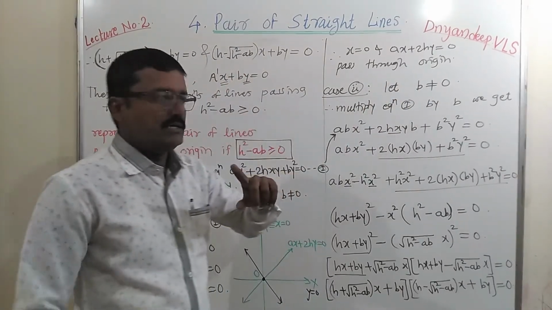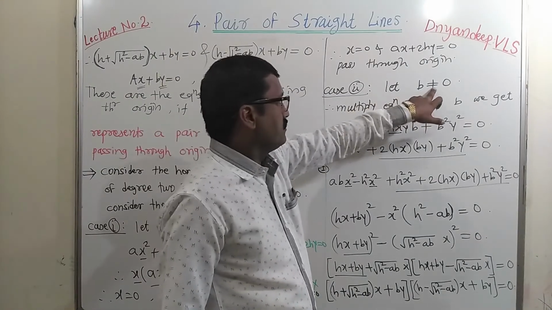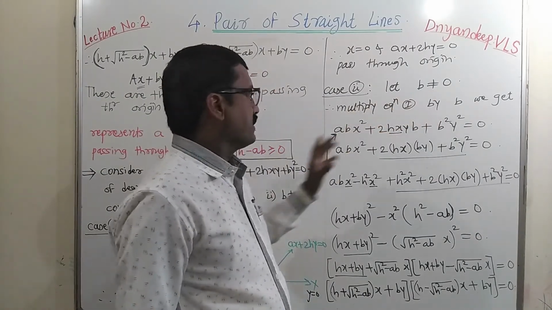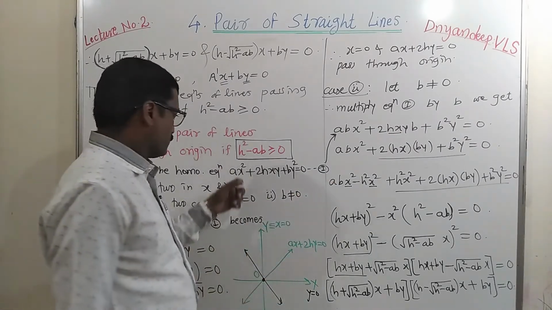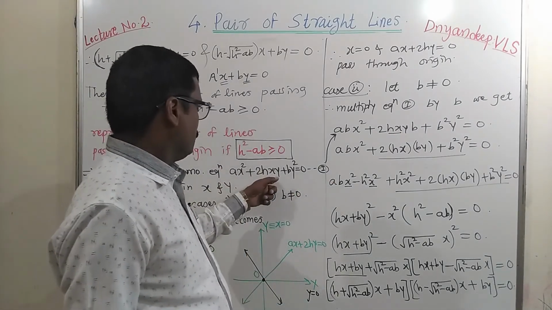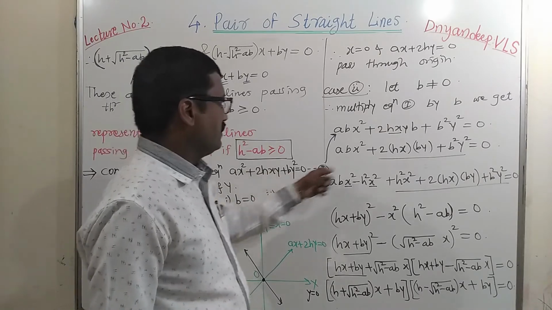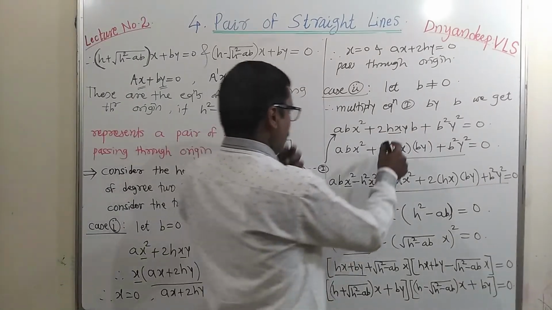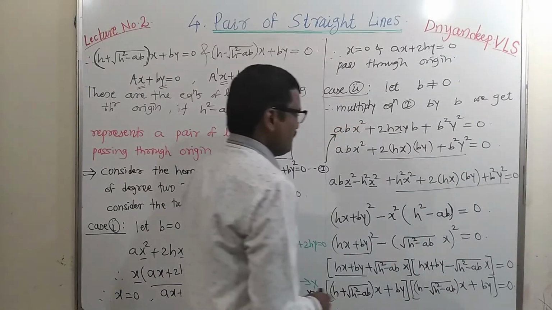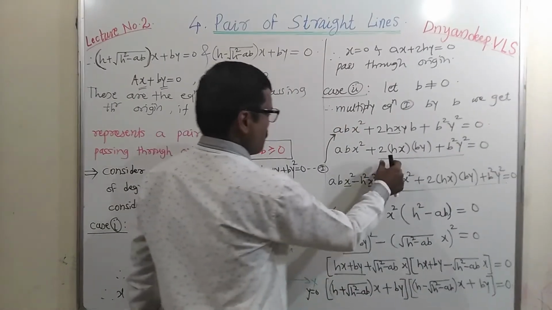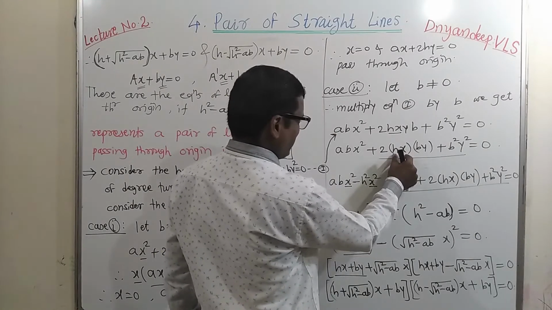So what to remember here? As b is not equal to 0, we can multiply equation 1 by b, each term by b. So ab x square plus 2hxy b plus b square y square equal to 0. Now write this middle term so that by is one factor of this middle term. So the remaining factor is hx.